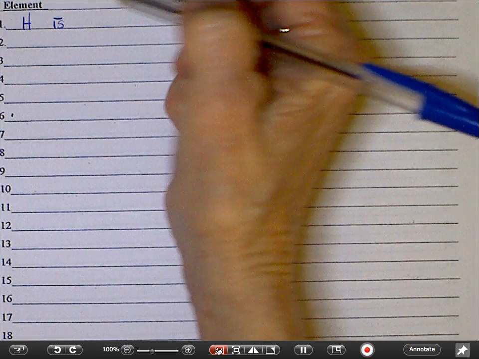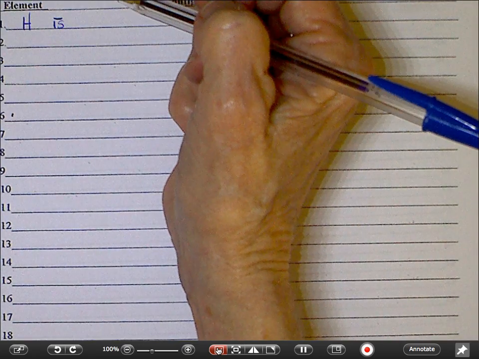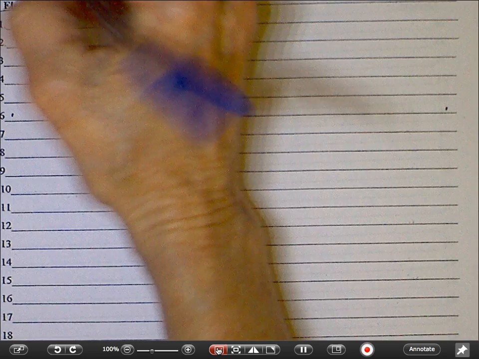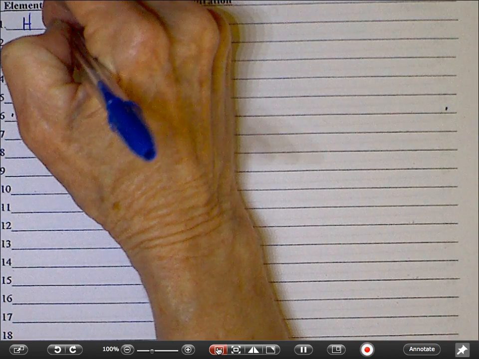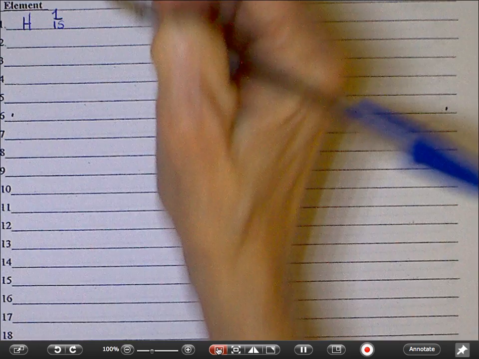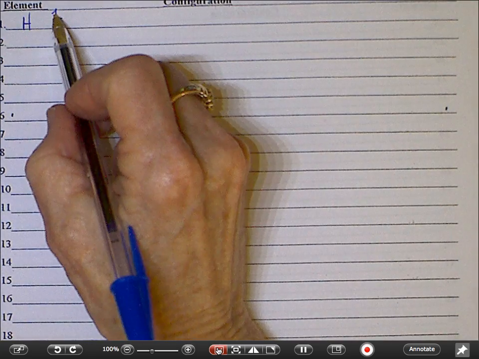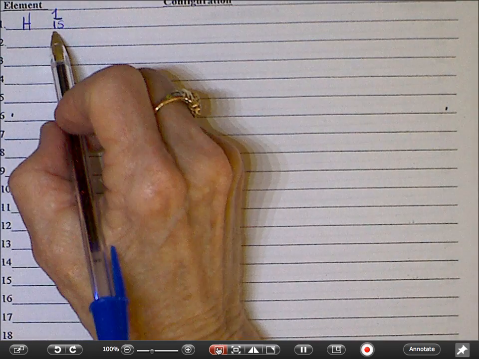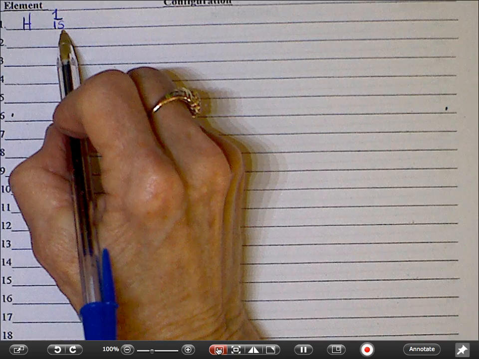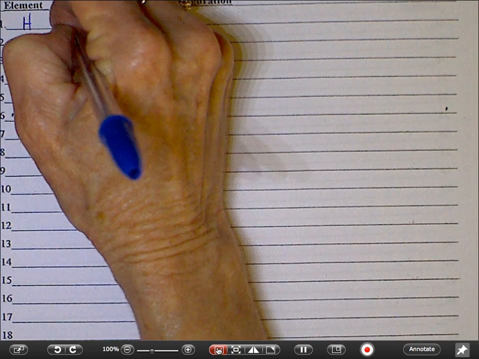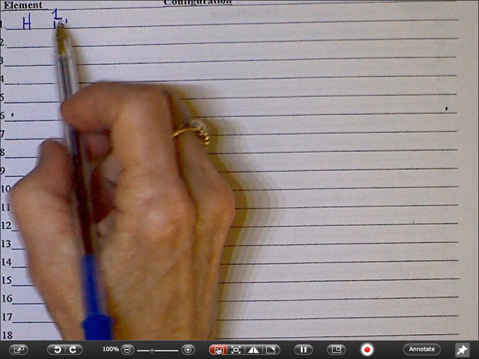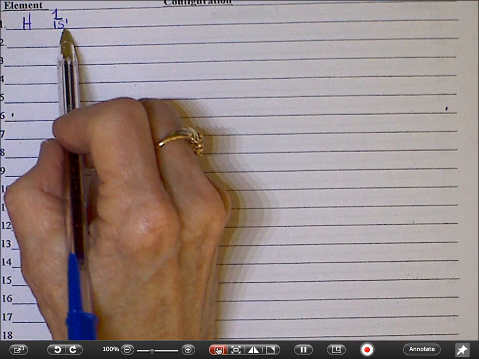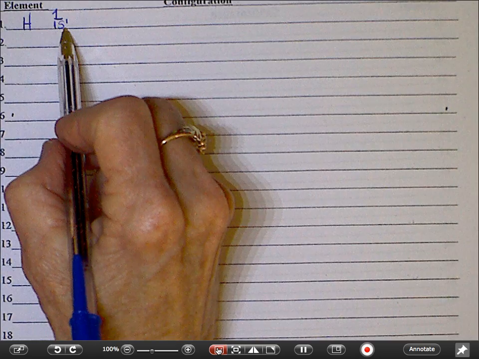How many electrons do I have to account for in hydrogen? 1. Okay, so that means I put my one arrow what direction? So there's my one electron. Because I have only one electron in energy level 1, the S sublevel, I put a superscript telling me how many electrons are there. So my electron configuration is 1s1. What did I just say? 1s1.